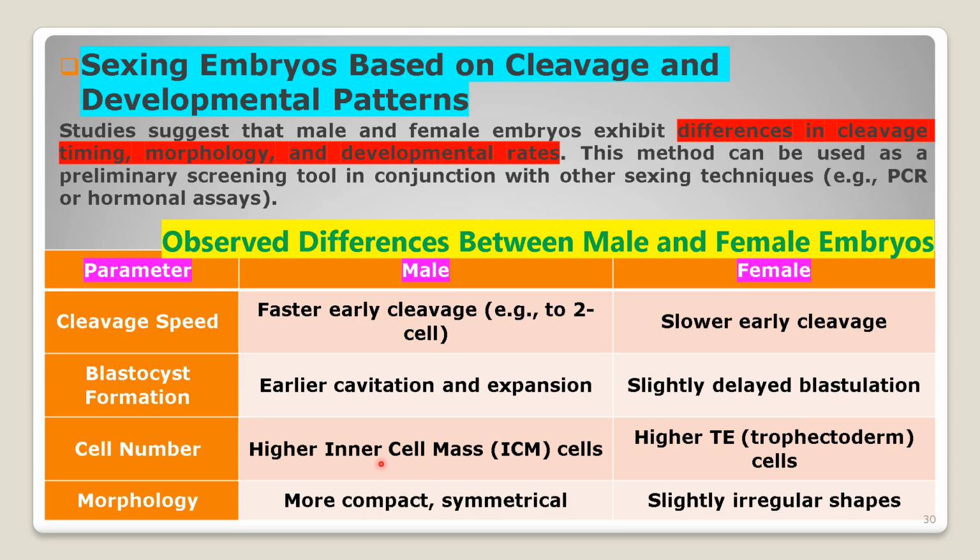In males, you have higher inner cell mass cells, while in females, you have higher trophectoderm cells. When you consider the morphology, male embryos are more compact and symmetrical, while female embryos are slightly irregular in shape.